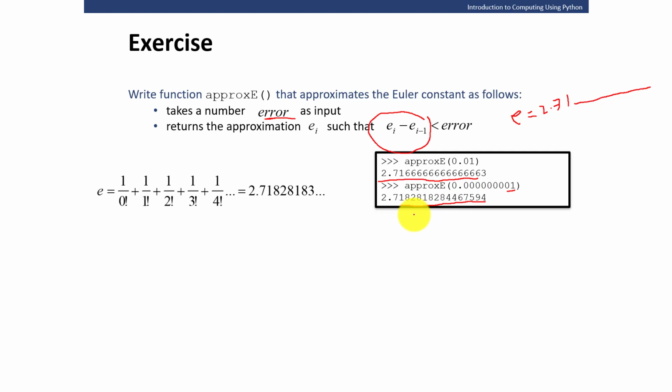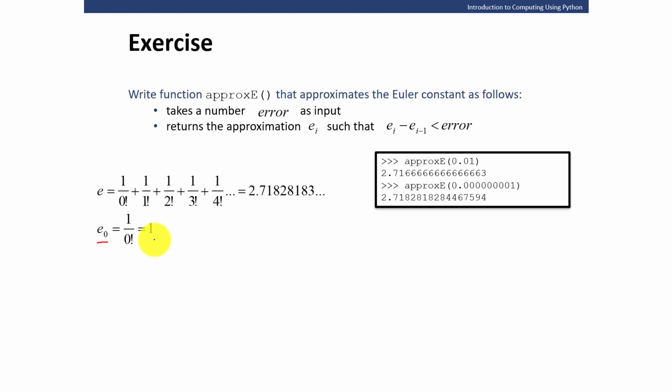For those who don't know, the Euler constant can be computed by adding 1 over the factorial of the numbers. So e0 is equal to 1 over the factorial of 0. Remember, the factorial of 0 is equal to 1, otherwise we're going to get infinity. So this is 1 over 1, which is equal to 1.